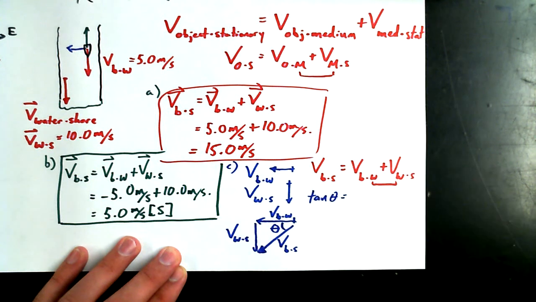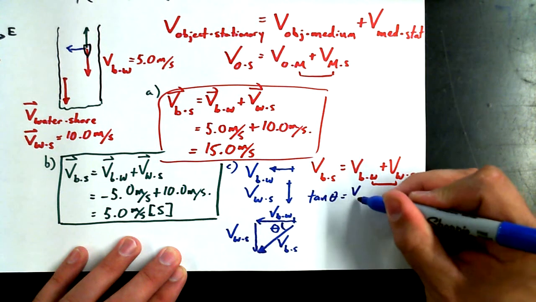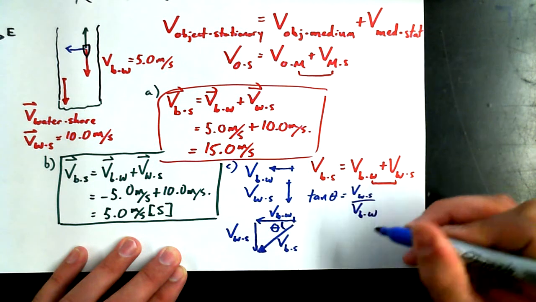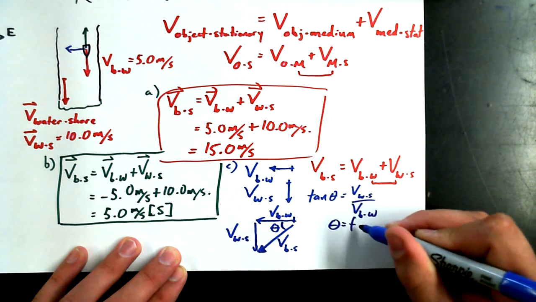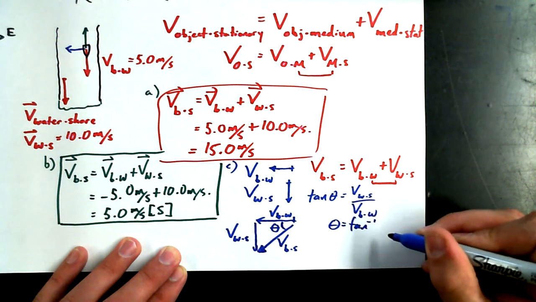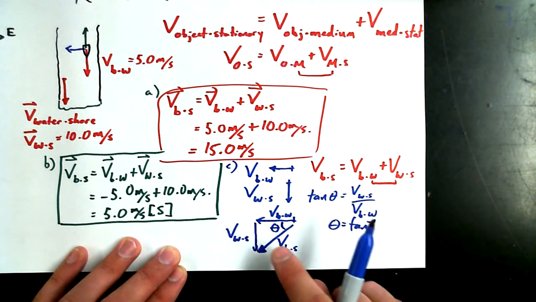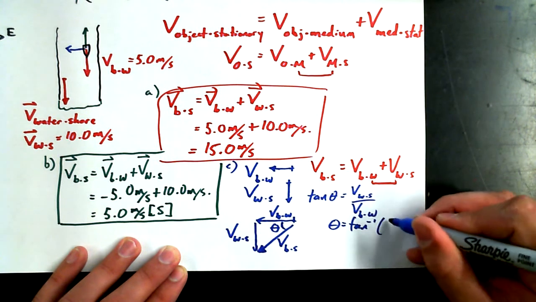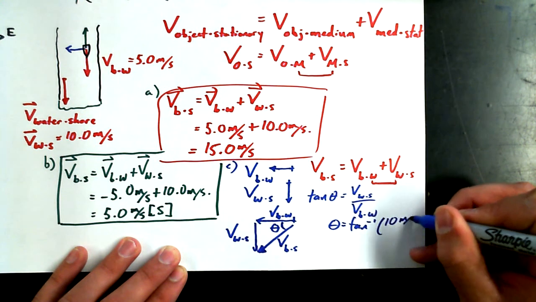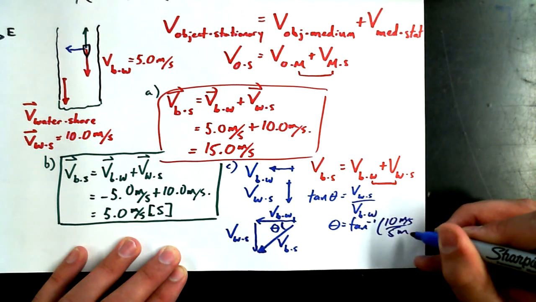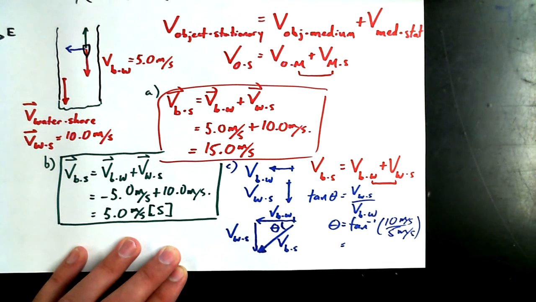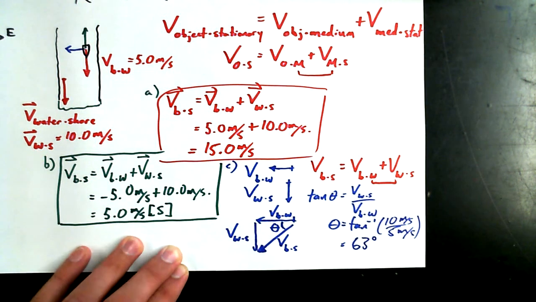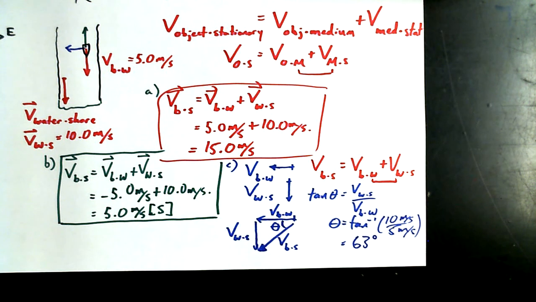Tan theta is equal to the opposite VWS over the adjacent VBW, or theta is equal to tan inverse of VWS over VBW, which is just going to be my 10 meters per second over 5 meters per second. Or in the end, I should get about 63 degrees. That deals with the angle.